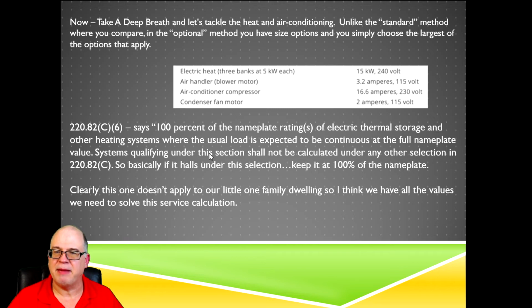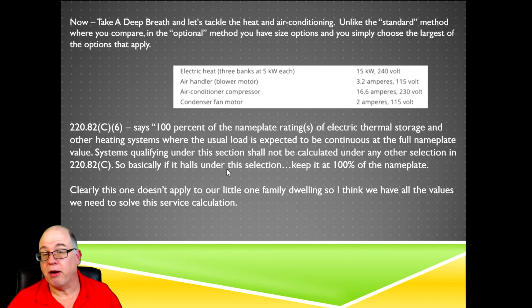So if it's some other type of thermal storage or some other type of heating system where the load itself is going to be considered continuous, meaning it's going to run 3 hours or more at the full nameplate value, that's the genesis of a continuous load running at the maximum ampacity for 3 hours or more. We know what the definition of continuous is. And if that's the case, all it's basically saying is take the nameplate at 100%, whatever system you're using.